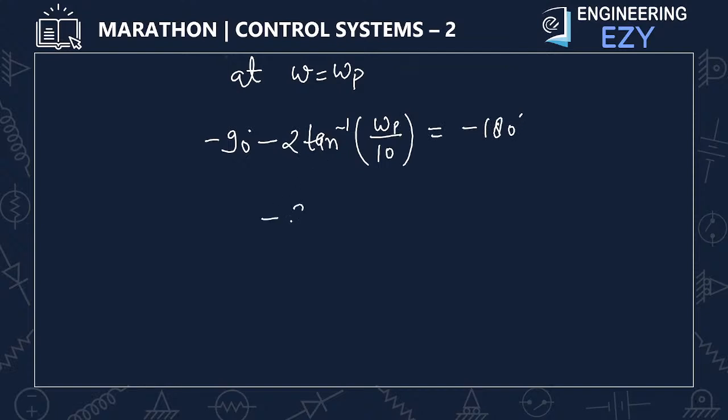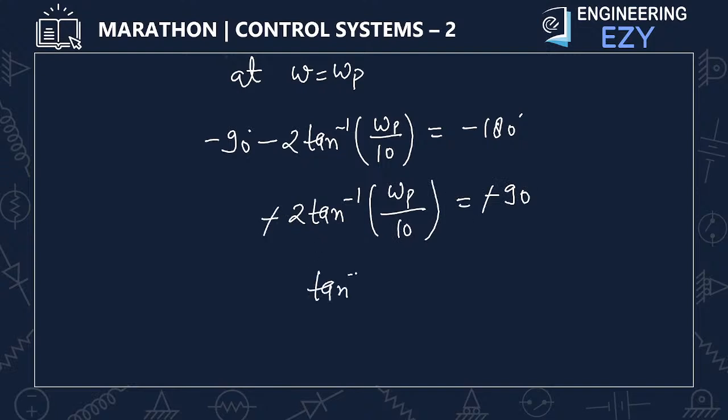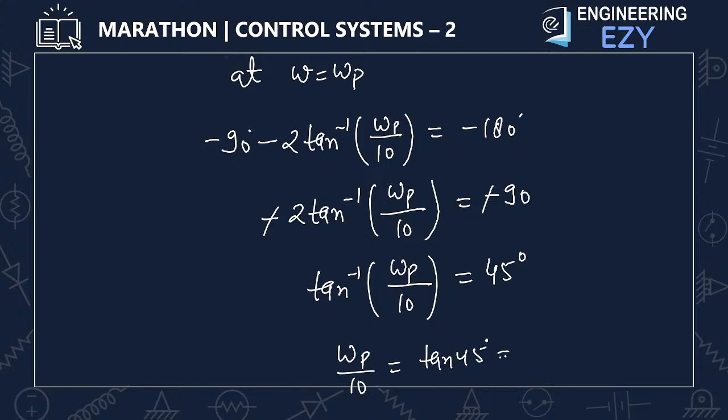So it is minus 2 tan inverse omega p by 10 is equal to minus 90. Minus cancelled out. So tan inverse omega p by 10 is equal to 45 degree. So omega p by 10 is equal to tan 45, that is 1.